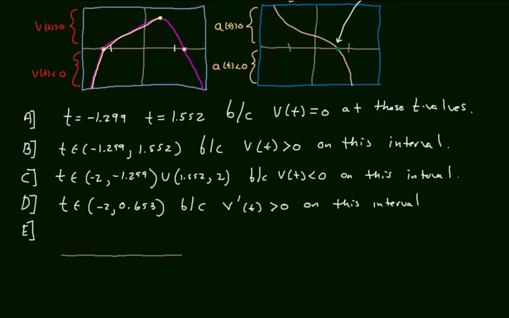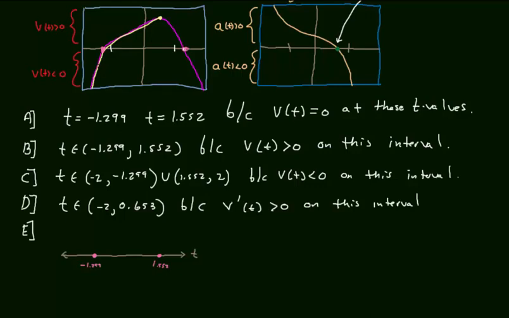This first axis that I've drawn here is the t-axis. I'm going to identify the zeros that I found above here. So I'll label them, let's say, here and here. One was at negative 1.299, and the other was at 1.552. Now what I'm going to do in this schematic is indicate what the sign was.